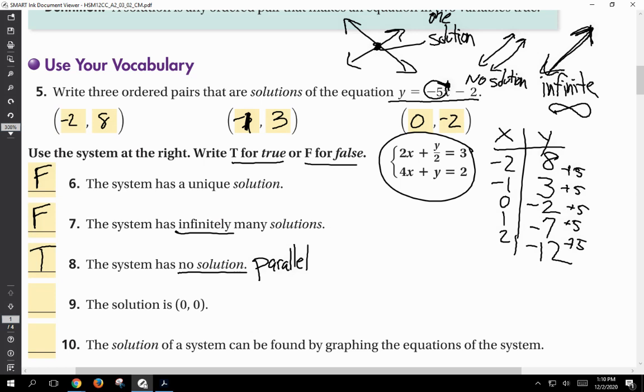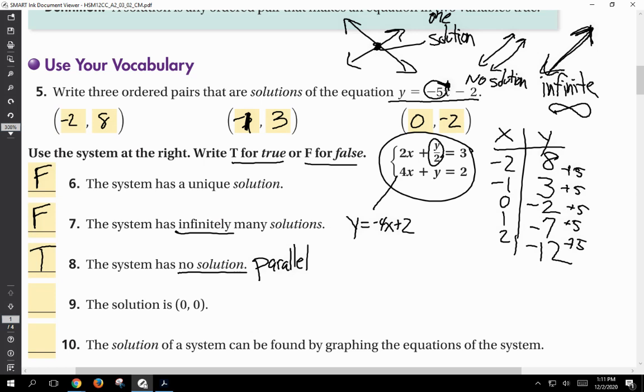Okay, so we have them in this format right here. We need to put them into a format where you can see if they're parallel. So let's put them back in slope-intercept form. The bottom one, you're going to subtract 4x from each side. So y = -4x + 2. The top one has a fraction here, and you can't have a fraction in standard form.